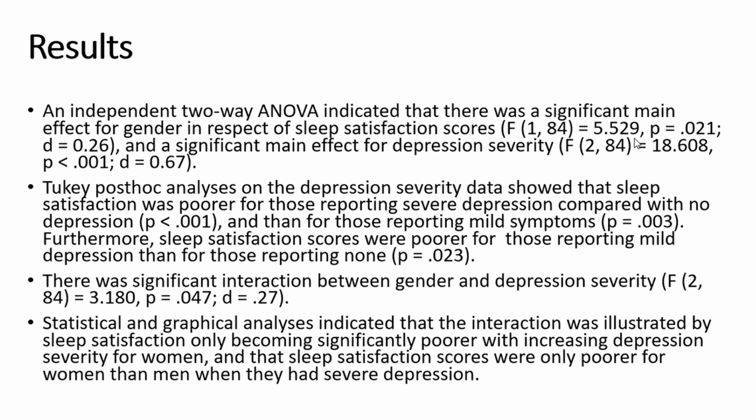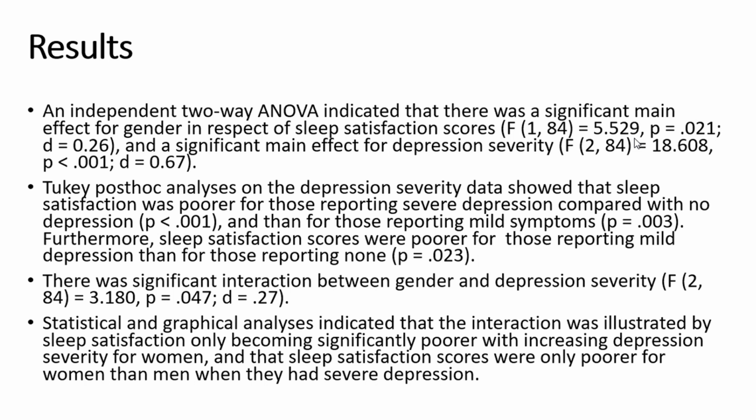Tukey post hoc tests on the depression severity data showed that sleep satisfaction was poorer for those reporting severe depression compared with no or mild depression. Furthermore, sleep satisfaction scores were poorer for those reporting mild depression than for those reporting none. There was a significant interaction between gender and depression severity with p-value 0.047.